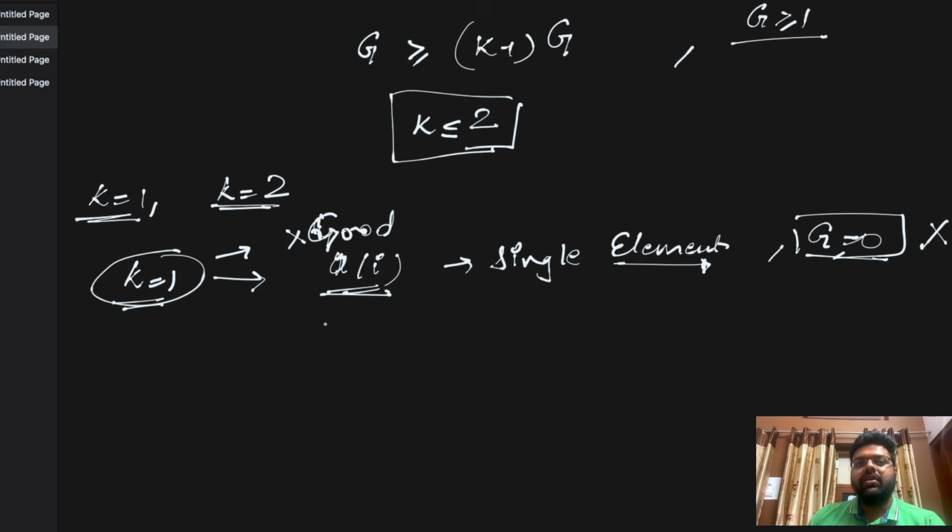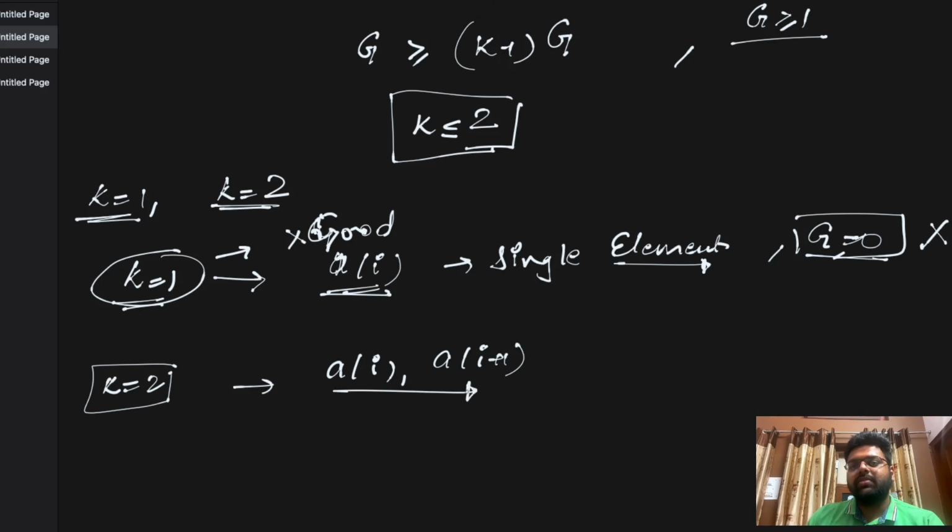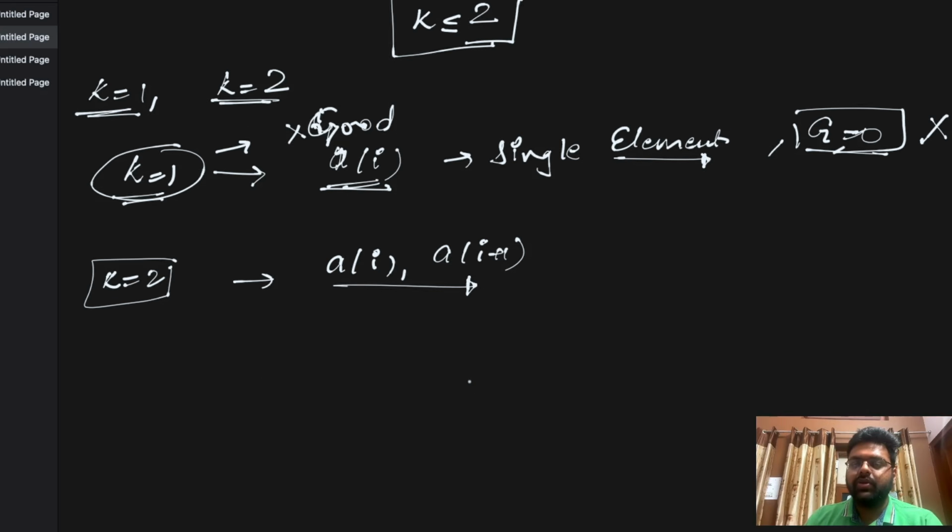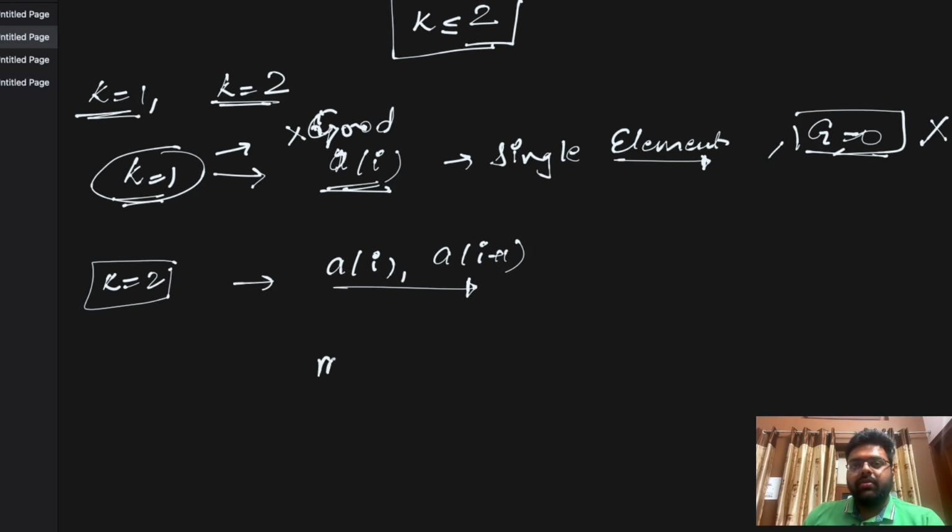So what is only left is k equal to 2, where I'm talking about a of i and a of i plus 1. In this particular case, let's define one value as x and the other value as y.